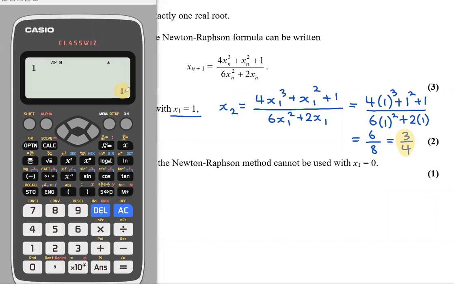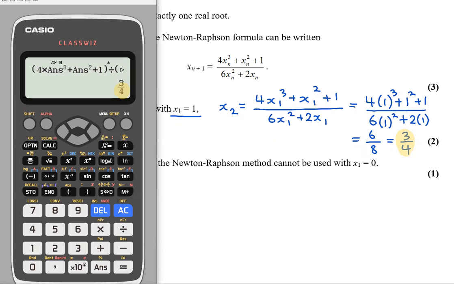So we open a bracket and say 4 multiplied by the answer cubed, plus the answer squared, plus 1, close that, that's the numerator. Divide that by, open another bracket, 6 multiplied by the answer squared, plus 2 multiplied by the answer. Close that bracket. And then if we press equals, we get the 3/4 that we've just figured out by putting the numbers in ourselves without using the calculator.